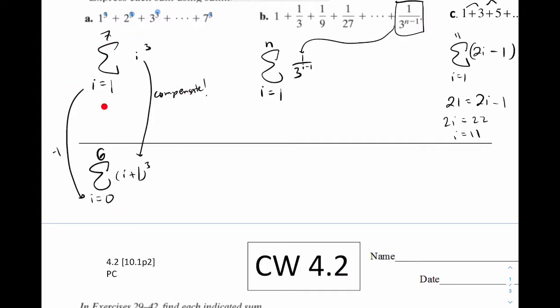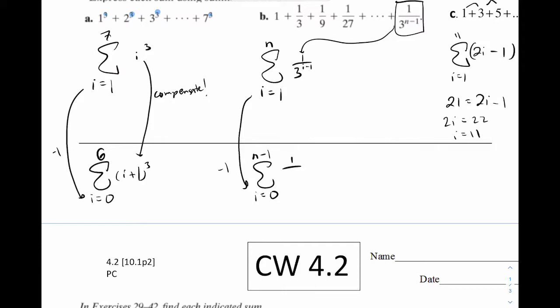So notice how these answers are linked, and you can use this answer to get the other answer, or really any theoretical answer. Let's try another one. We're going to start at 0. But again, notice how if this thing is going down by 1, this thing must also go down by 1. And that has to happen because you have to keep the number of terms the same.